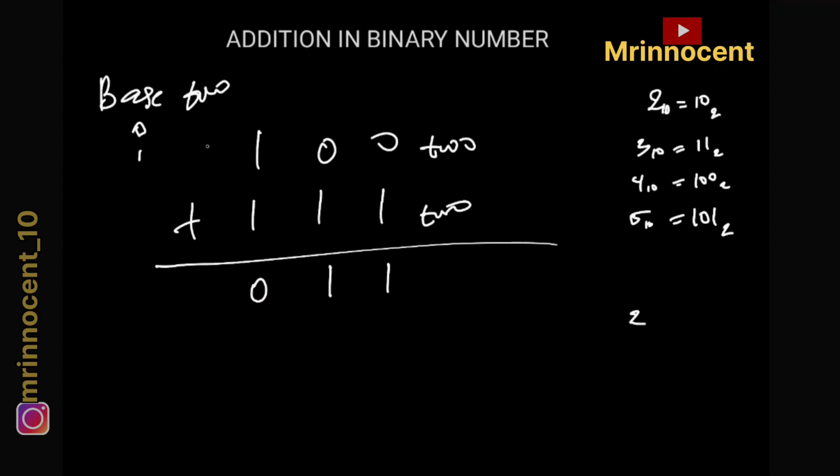You write 0 and carry the 1. But there is nothing here, so you bring it down. You have 1, 0, 1, 1, all in base 2.